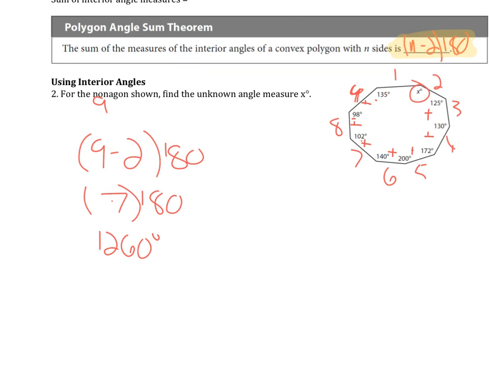So someone with the calculator. All right, so our total of all of these added together is 1102. So if I subtract that from what I know my total for the whole figure has to be, we get 158 degrees equals our missing angle of x.